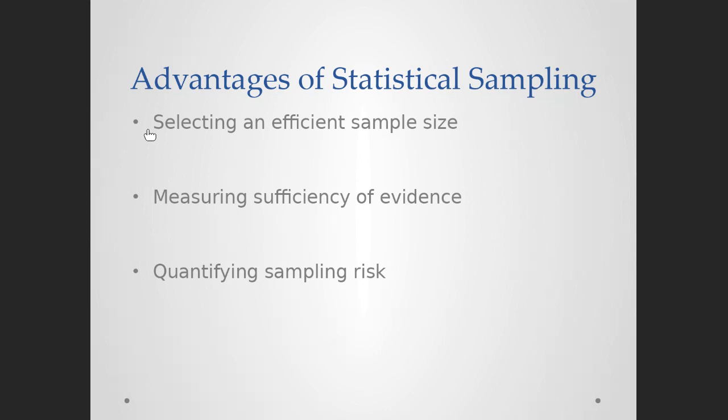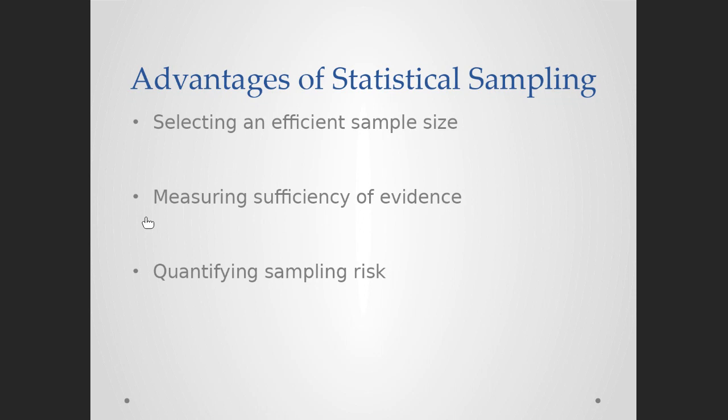So statistical methods allow us to take an efficient, smaller sample size that is representative. And how is that? We are going to see how the statistical method works and learn how to do that calculation. But generally, statistical methods generate a more efficient sample size.